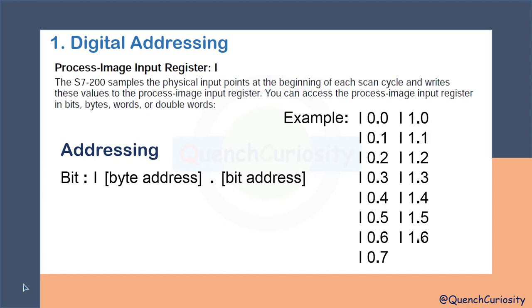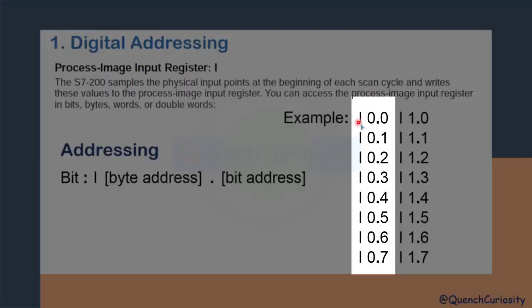So as you can see, the address started from I0.0: I is the file identifier, then 0 is the byte address, then 0 is the bit address. For byte address 0, we went from 0 to 7. The last address for byte 0 was I0.7.